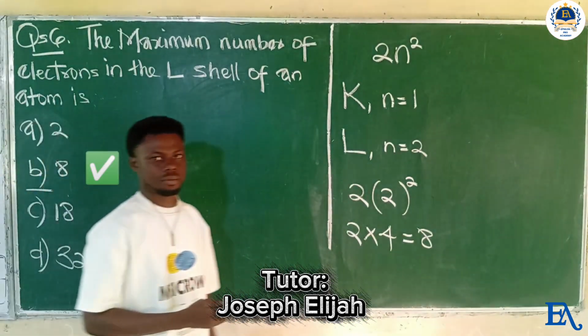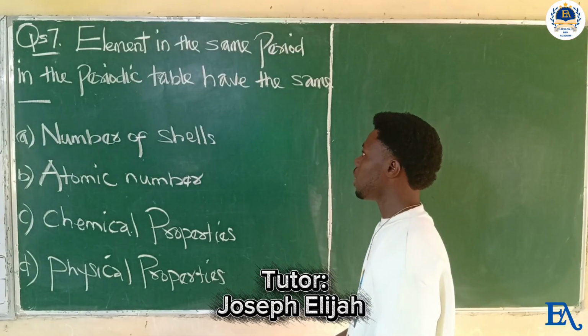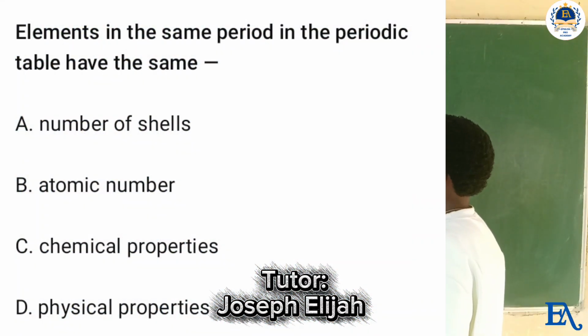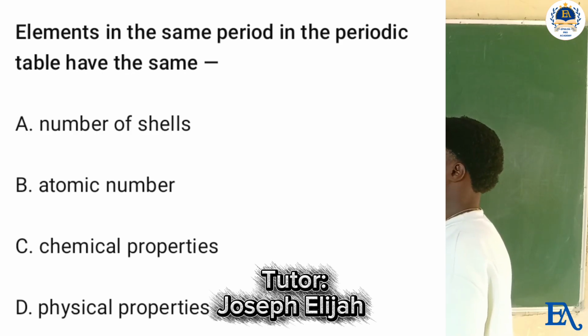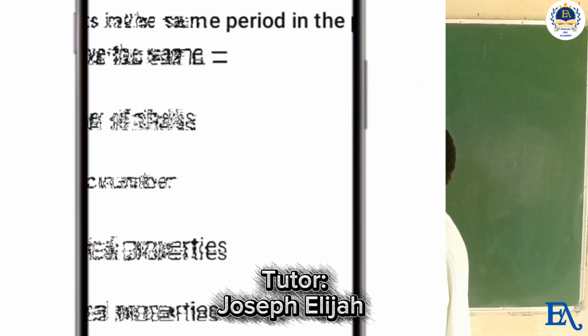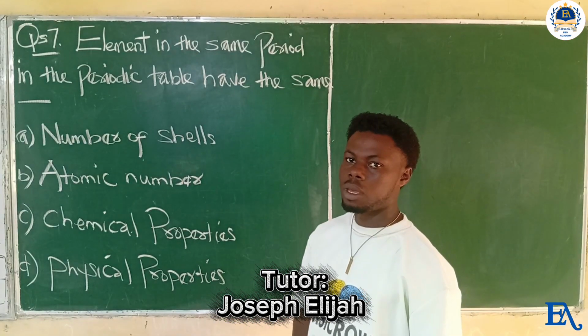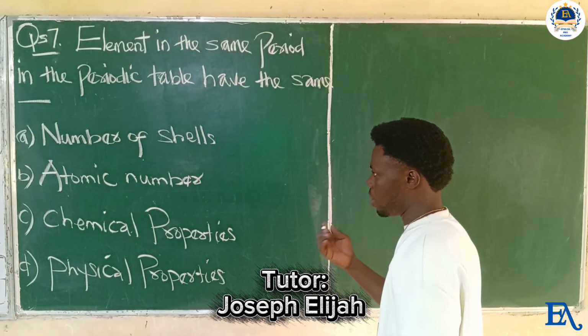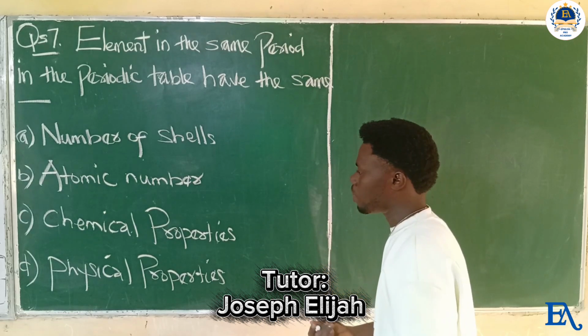Question number 7. Elements in the same period in the periodic table have the same dash. Option A, number of shells. Option B, atomic number. Option C, chemical properties. Option D, physical properties. So the correct option on the board is option A, number of shells.